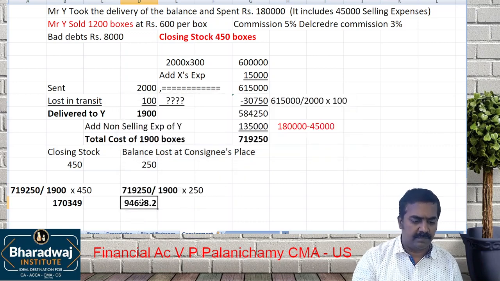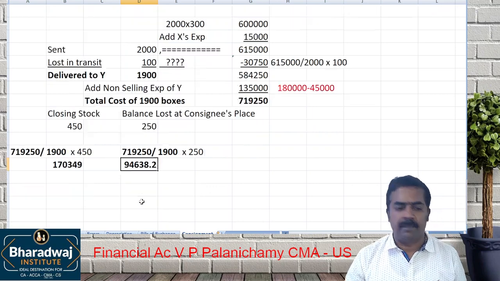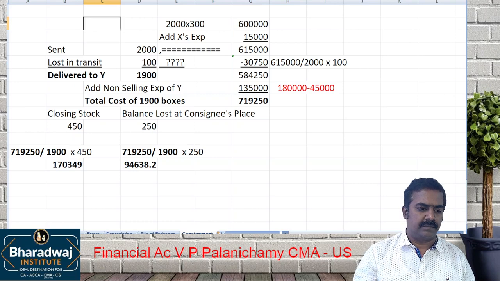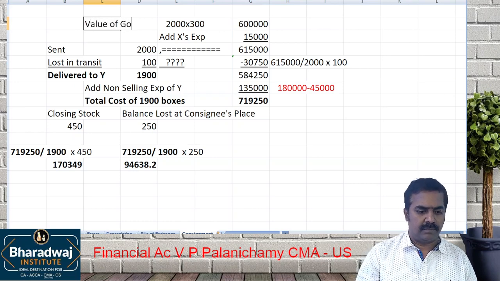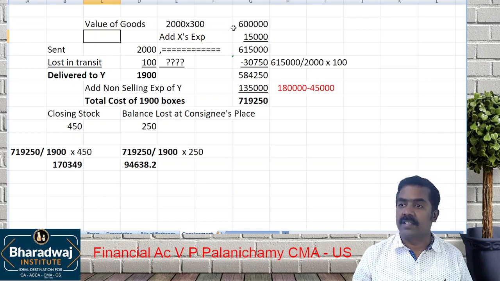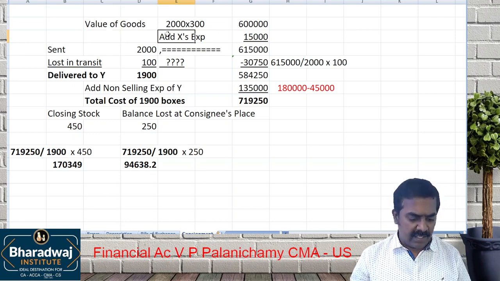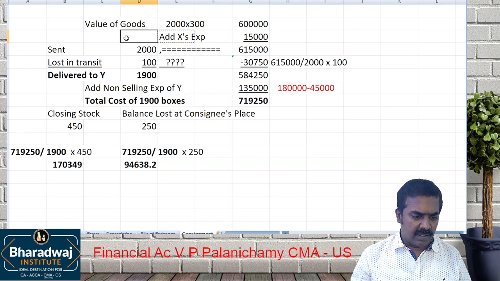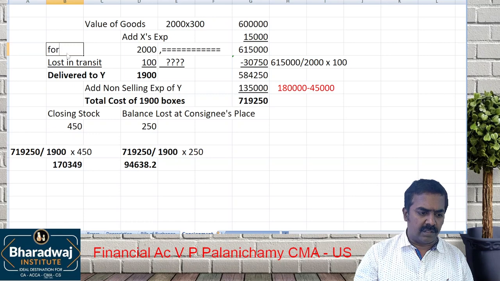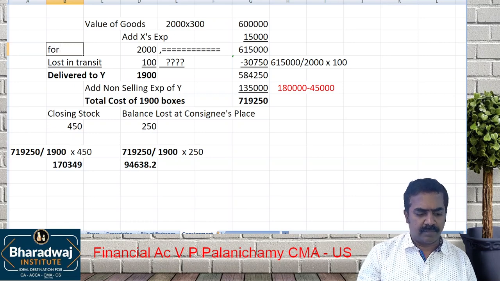This is the value. Once again, repeat from the beginning. Pay attention. What is the value of the goods sent? 2000 into 300, so 6 lakhs. Add consignee's expenses, 15,000. For how many boxes? 2000 boxes.